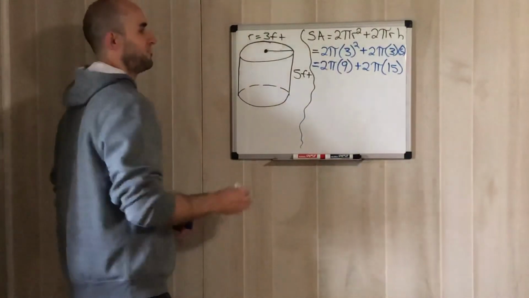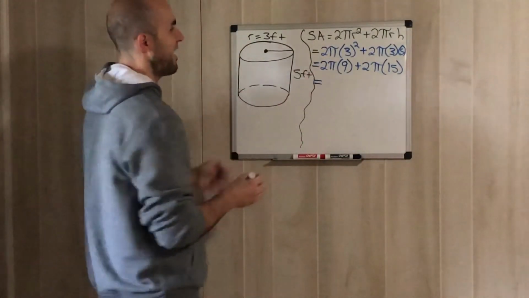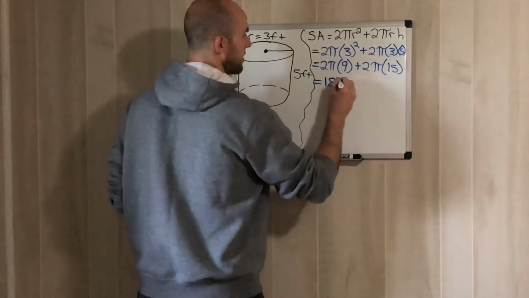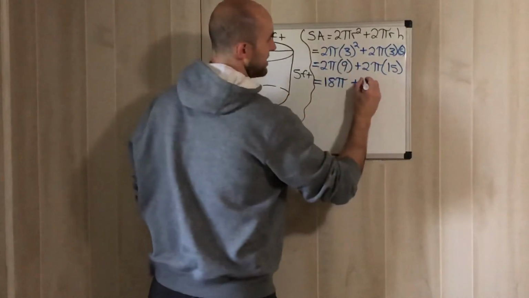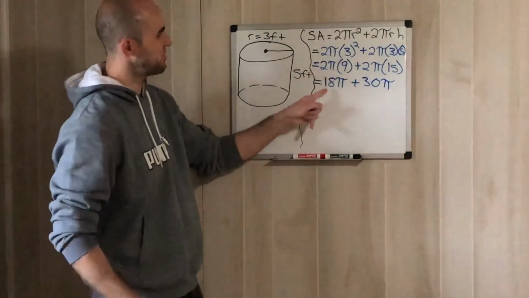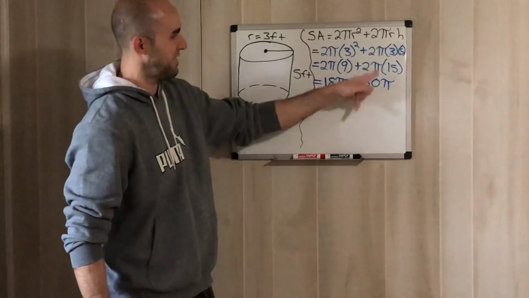Next, just like we did before, multiply all the numbers that we have. 2 times 9 is 18 pi. 2 times 15 is 30 pi. We can't forget the pi's.